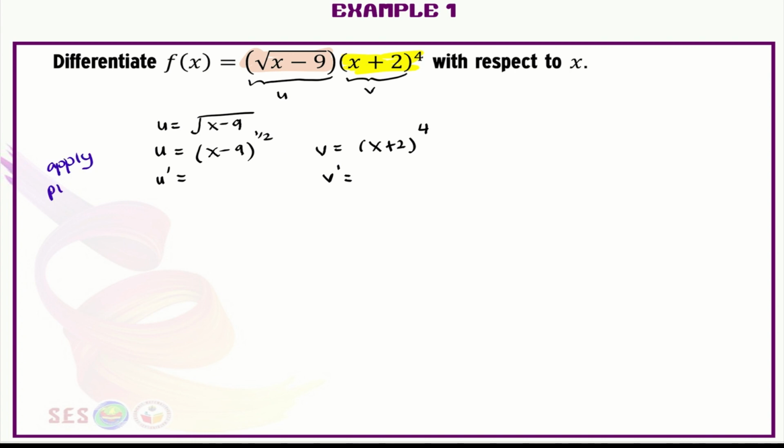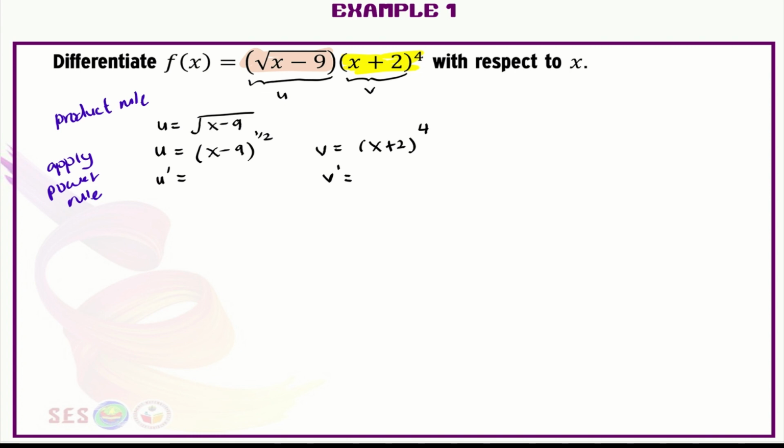Just now we have already applied the product rule, so we have a combination of more than one rule in just one single question. The first one is the product rule, where you need to list down u, v, u prime and v prime. The next one is, to get your u prime, we need to apply the power rule.